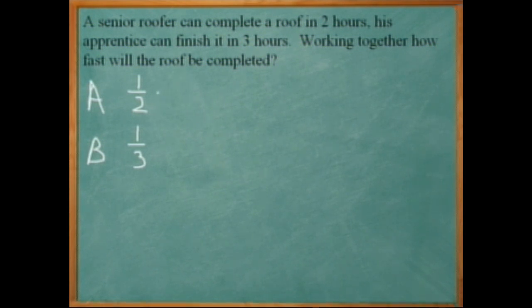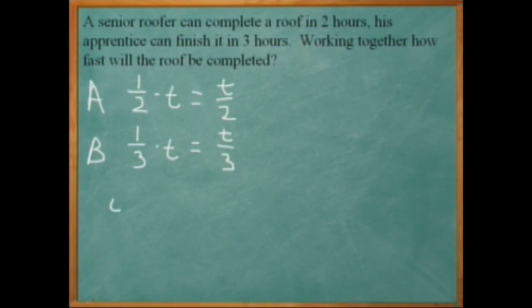And they both can be working for T amount of time. So the part of the task completed by the senior roofer is T over 2. And the amount of work completed by the apprentice is T over 3.